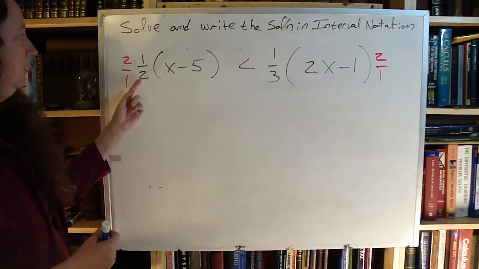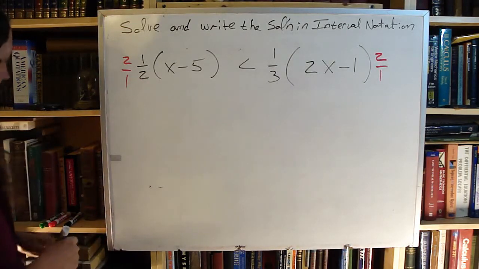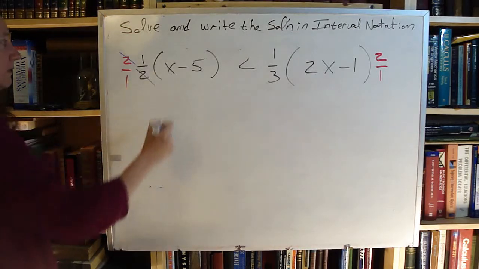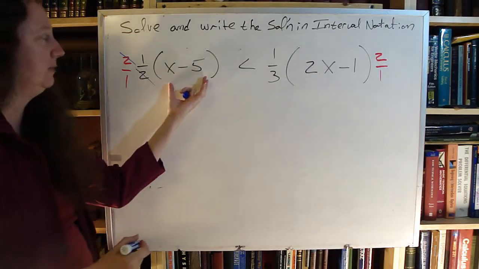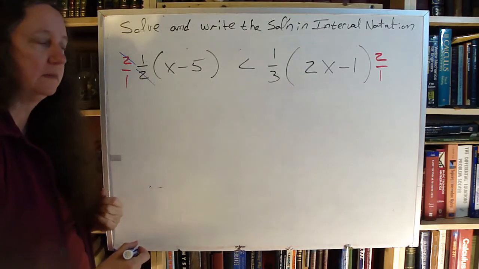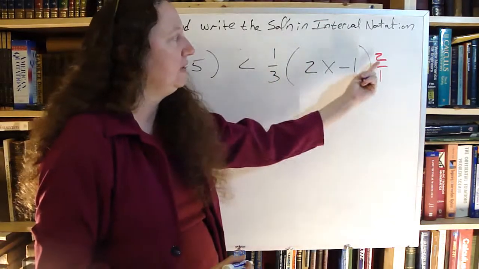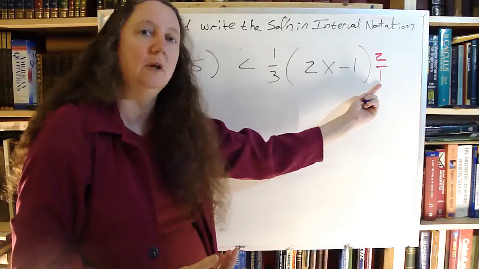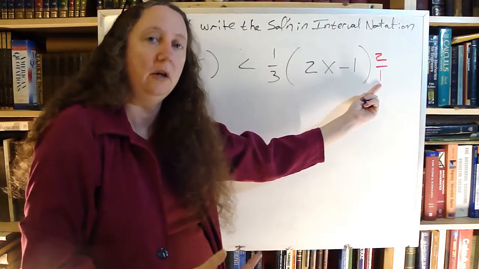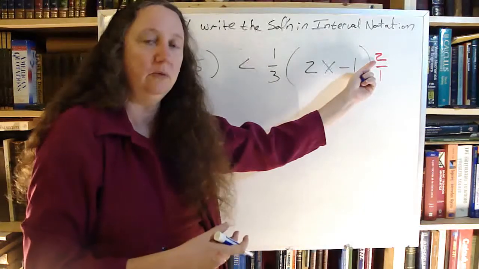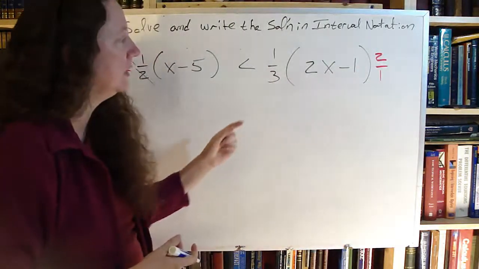So my 2 cancels my 2, and I'm left with just x minus 5 on this side. Over on that side, I have my 2 over 1. It doesn't have to be over 1, because anything divided by 1 is just that number. So 2 divided by 1 is just 2.